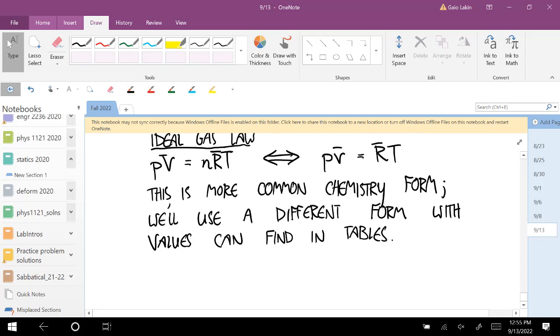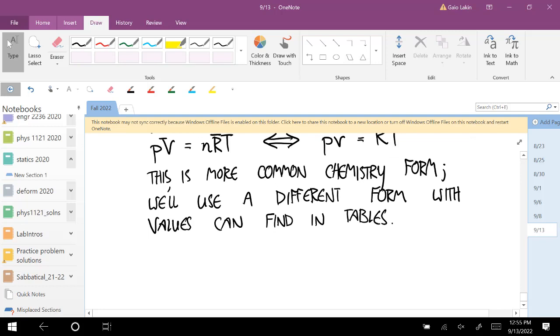So we're going to define a new gas constant, R, without the overbar, that's equal to R bar divided by the molar mass of the gas that you're talking about. R bar is universal.